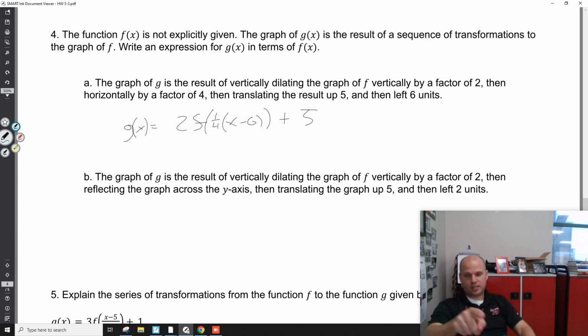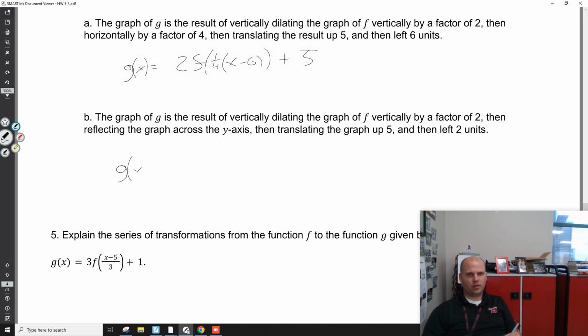So this is a dilation first and then a translation second when you have the parentheses. I haven't written it down, but that's what it is. You start with 1/4 x, but then you replace x with x minus 6. It's weird if it goes the other way, so we're not going to do it.